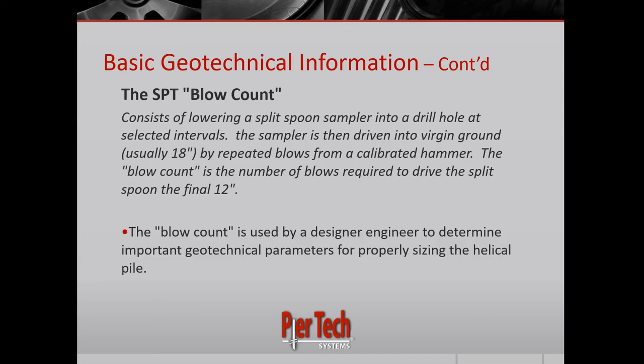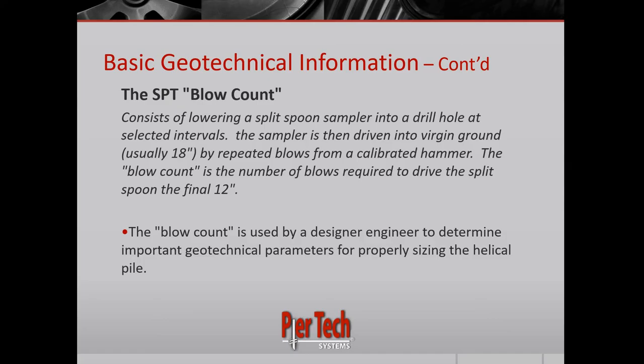Typically for a residential foundation load, you're going to see a blow count requirement somewhere in the 20 to 30 range to gain the capacity you're looking for. It can vary depending on what size helixes you end up designing for the project, but using the normal size helixes, that's the range you're looking for.